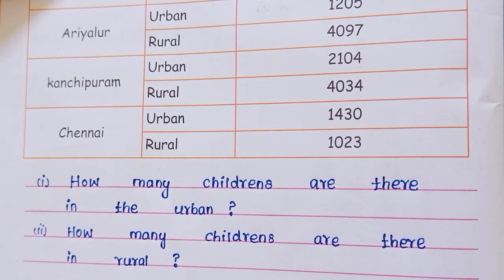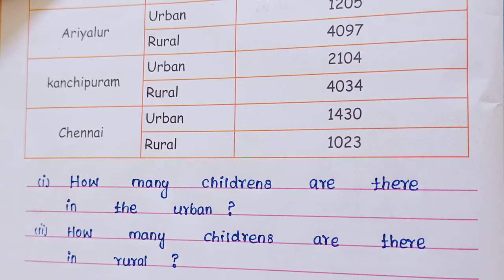Okay, this is the answer for the B question. How many children are there in the urban? How many children are there in rural? Okay, do you understand? Then see the 7th question.